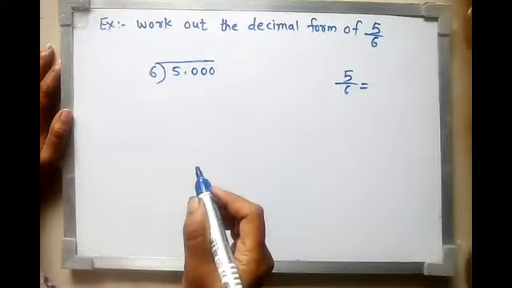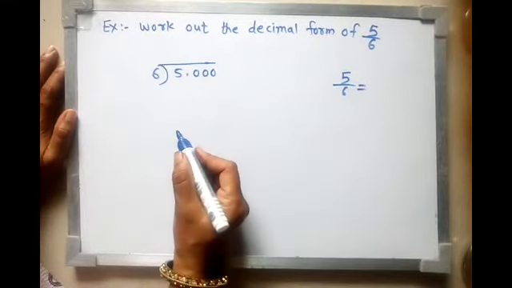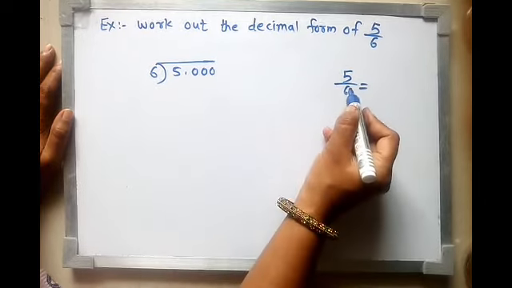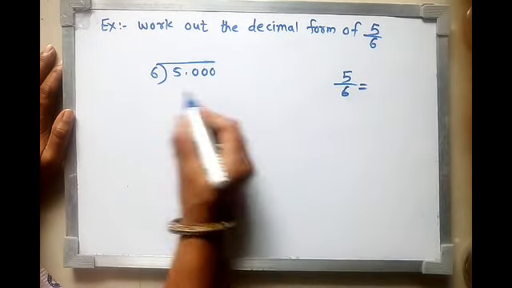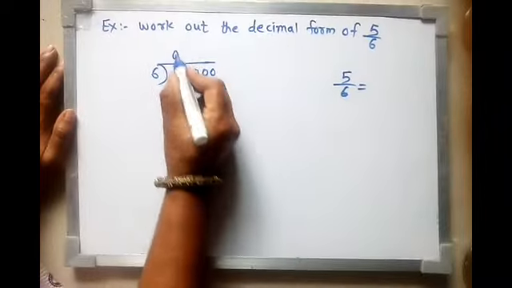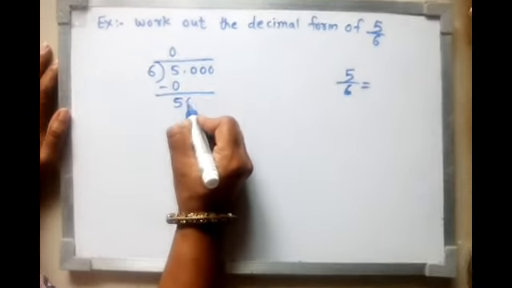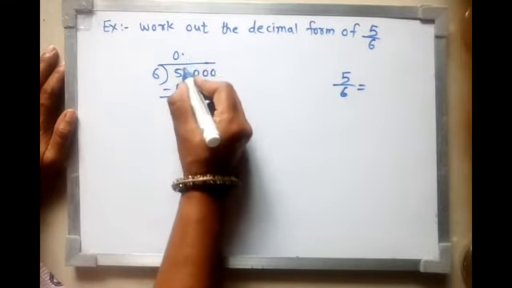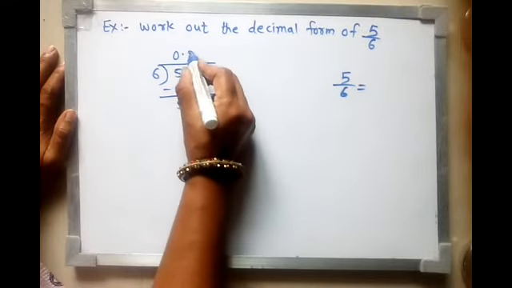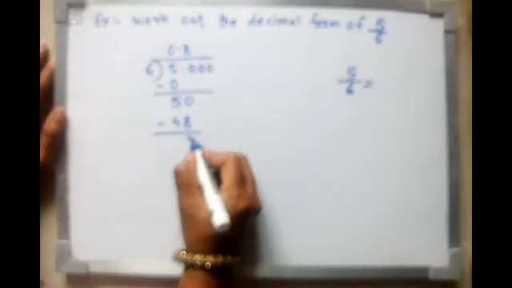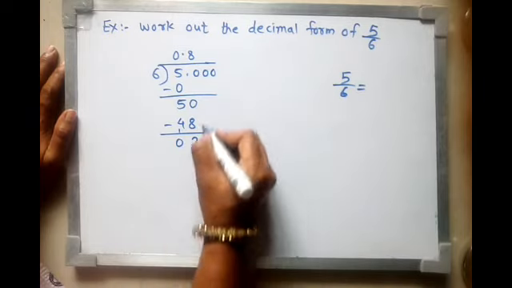Work out the decimal form of 5 upon 6. 5 divided by 6. 5 is not in the table of 6. So first divide by 0. Remainder 5. I put the decimal point in the quotient and take 0. 6 8s are 48. Remainder is 2.